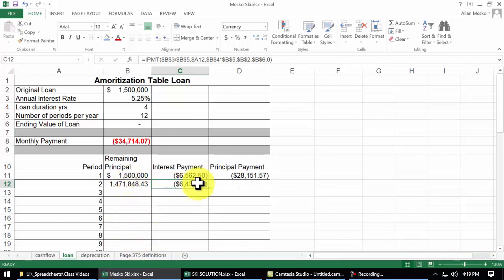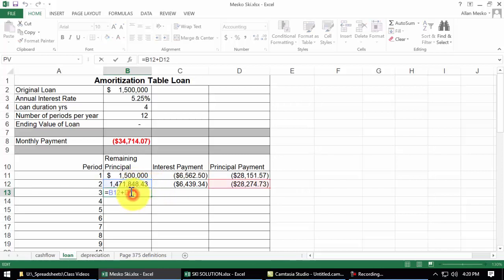But this is for our own benefit, so we don't have to make calculations. And now if I copy this down, this should be the principal payment for the next month. Less interest means more principal. And if I copy this down, it's going to say take your previous amount and add in your previous principal, and that lowers your principal balance.